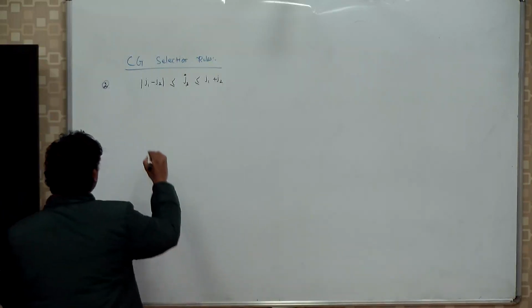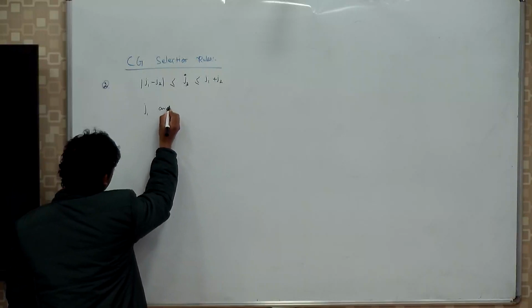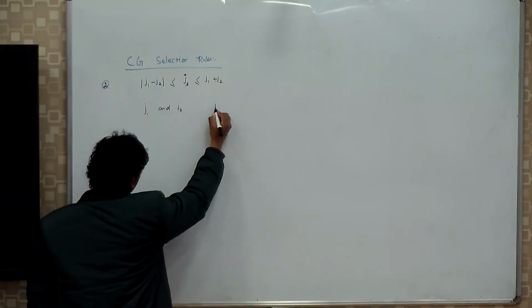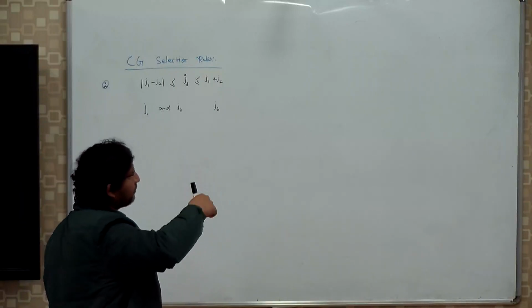When we are adding the two angular momentum quantum numbers J1 and J2, we will get J3. What are the possible values of J3?